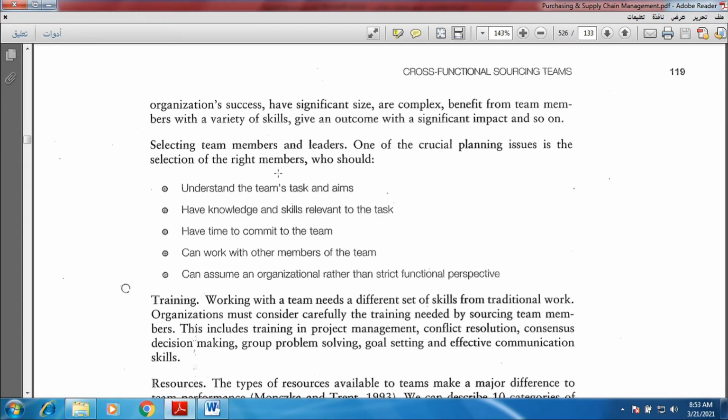Also think about selecting the team members and the leaders. The key individuals formulated a team and the leader that could be what we call a liaison or the circulation among the members. It could be from one to the other.